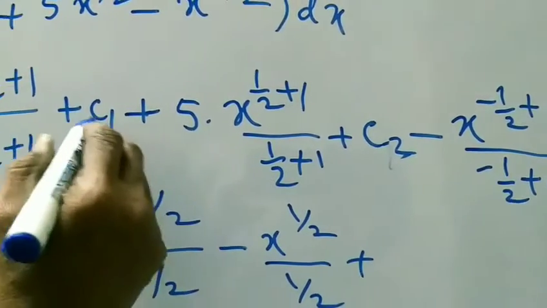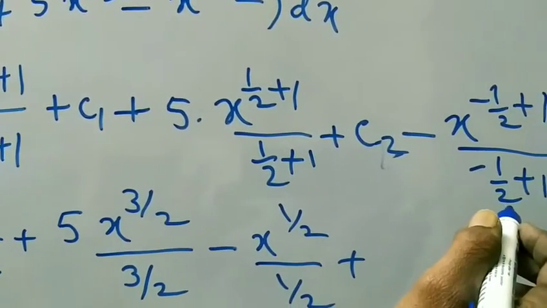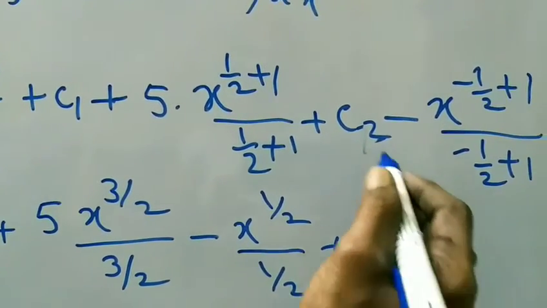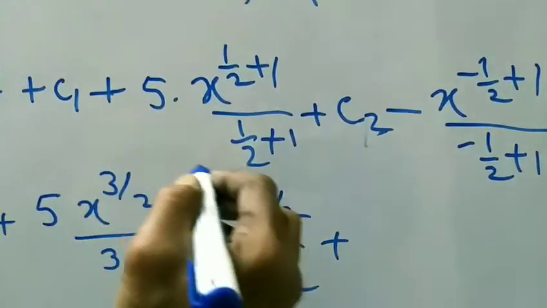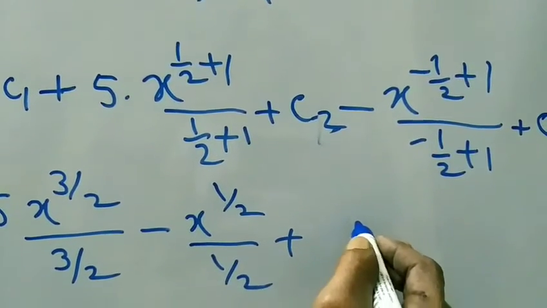All these constants c1 plus c2 plus c3 and so on plus cn are arbitrary constants, so they become only one constant, that is c.